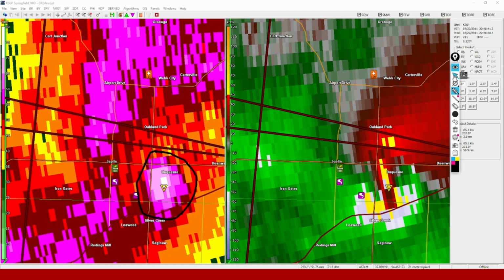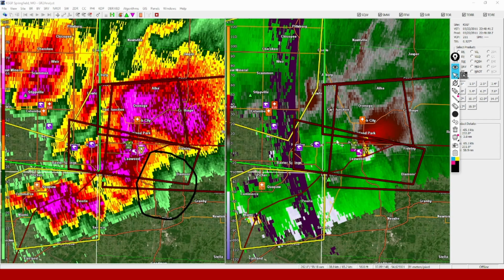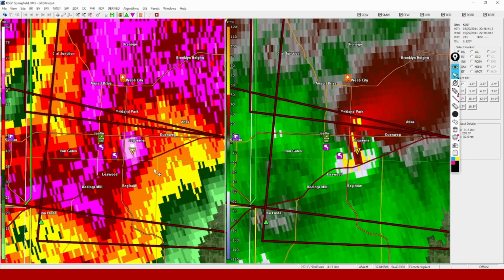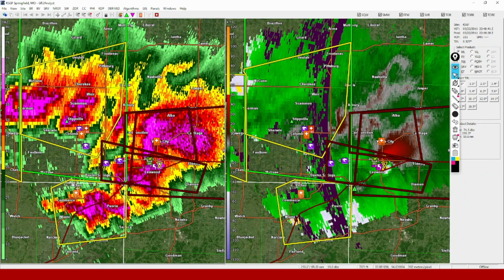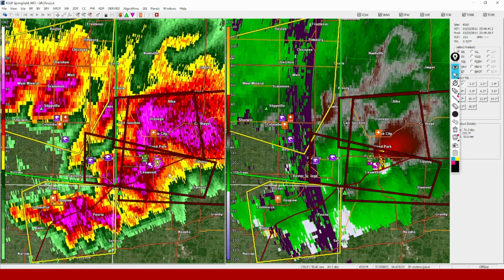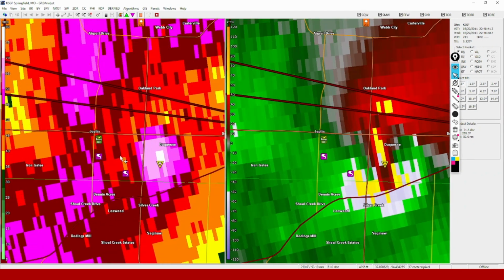But there's no notch like the one I was showing earlier. That notch isn't here. In the pink you can a little bit see it, but not really.